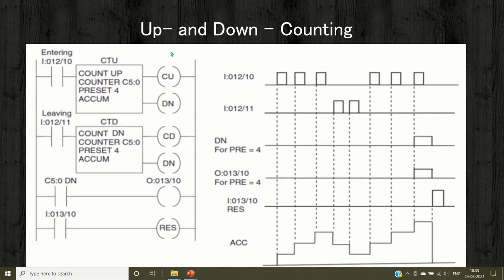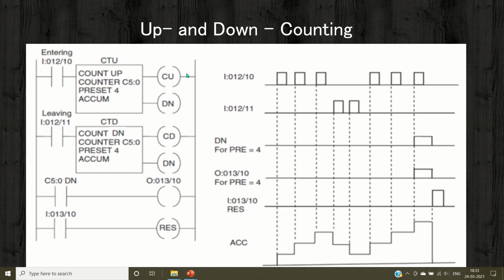So under that circumstance, you can use this up counter block and down counter block in order to get such situations under your control. You can see here the input to this up counter is given through one of the contacts and the input to the down counter is given to another contact.